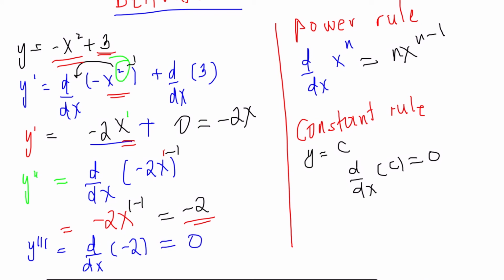Okay, finally, let's just write something about the sum rule. So the sum rule states that if you have a function u plus v, and you want to find the derivative d all over dx of function u plus function v, the easiest way to do it is just the way we did.